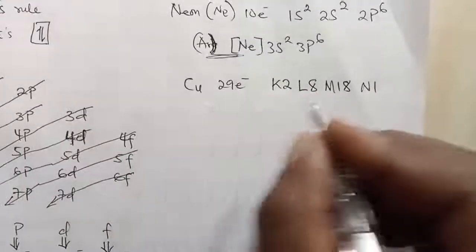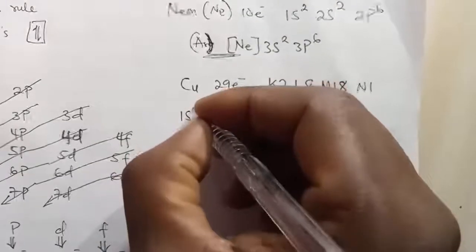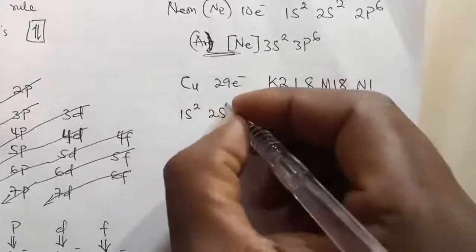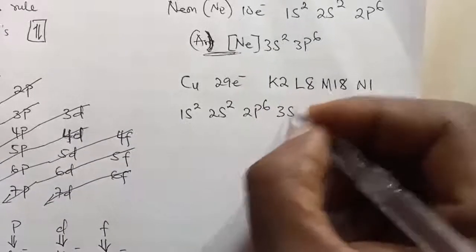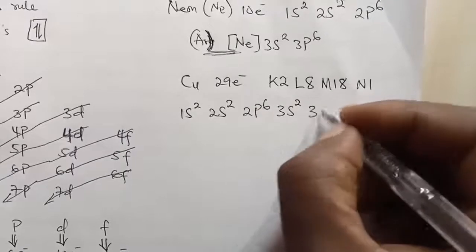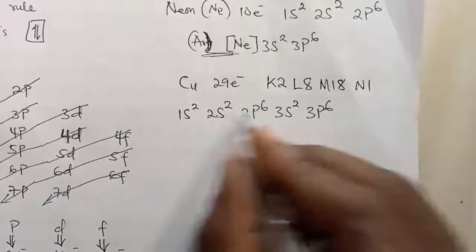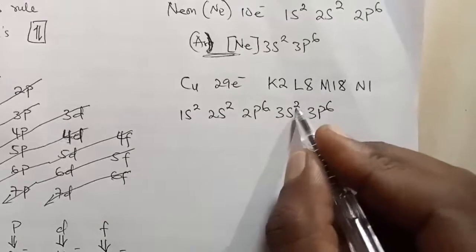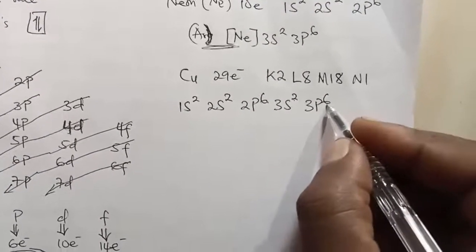But if you want to write it electronically, we first begin with 1s2, 2s2, 2p6, 3s2. Then after that we go to 3p6. Now we check: here is 10, 12, and then 18. 18 is already gone, and something that has 18 is also argon.